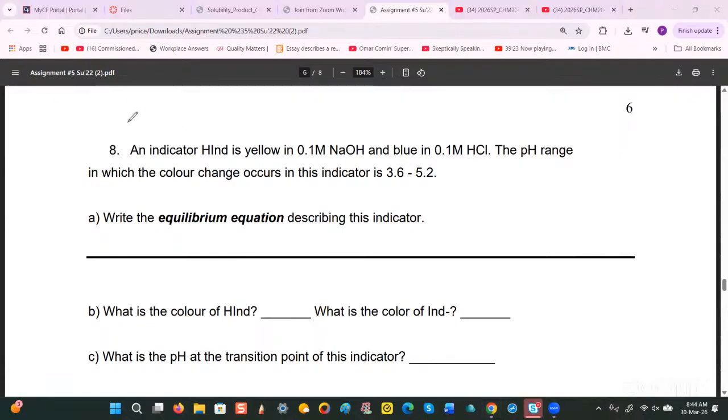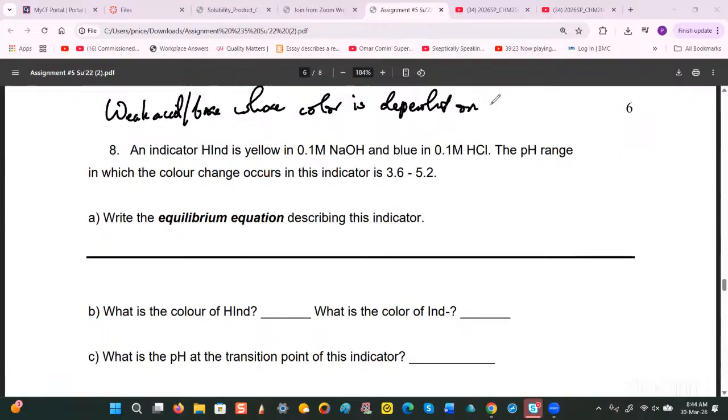In fact, let me write it here. It's either a weak acid or base whose color is dependent on the pH of its environment.